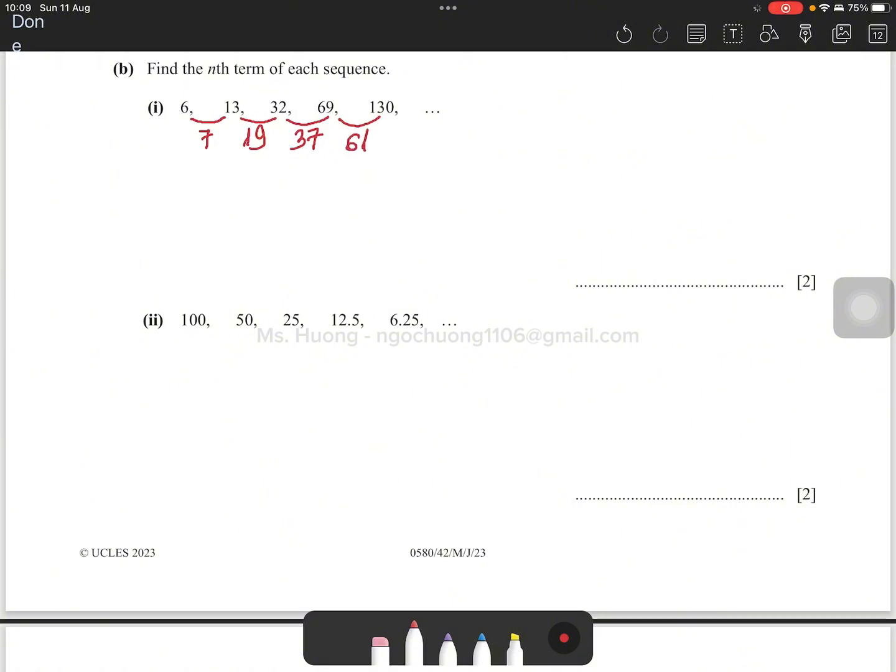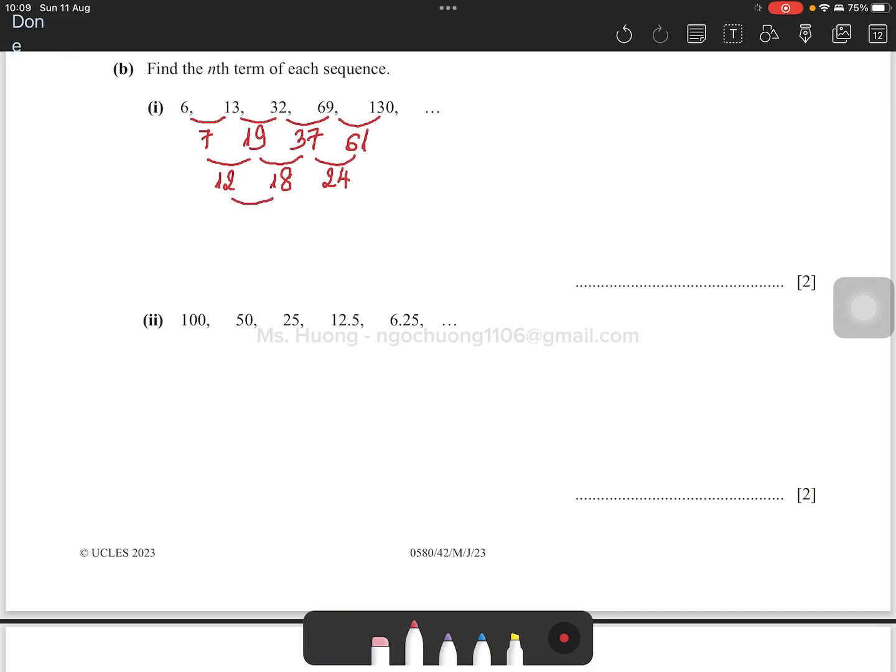So the first difference is not the same. So we check the second difference. 19 minus 7 is 12. 37 minus 19 is 18. 61 minus 37 is 24. So the second difference is still not the same.